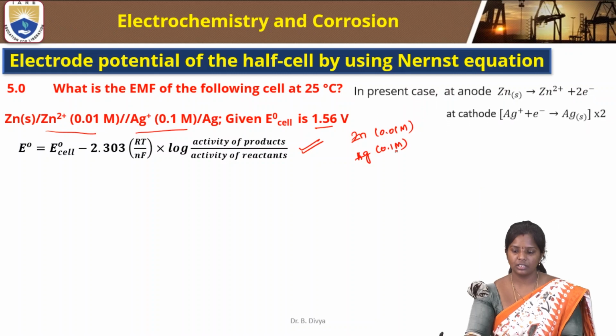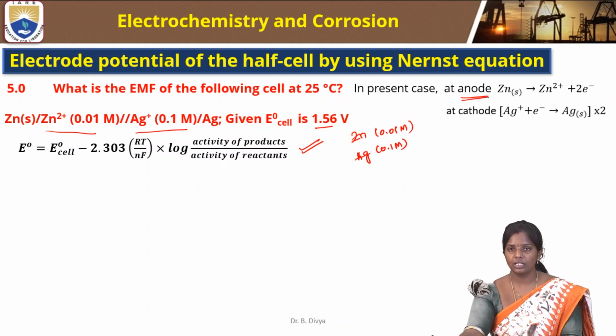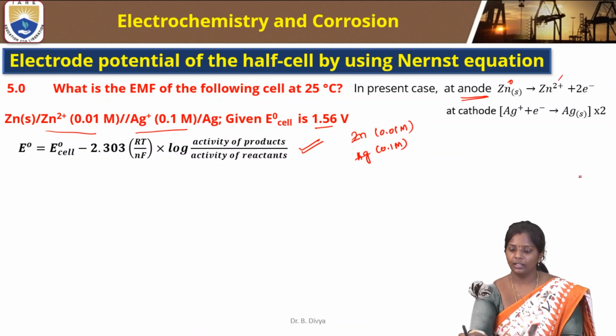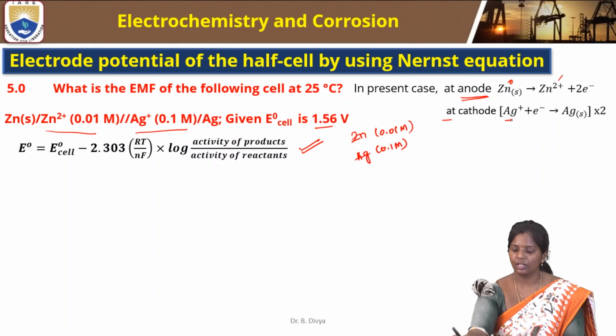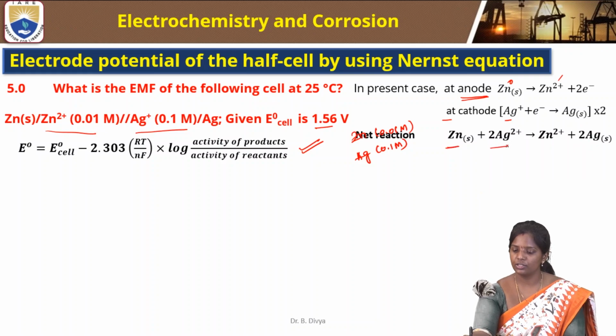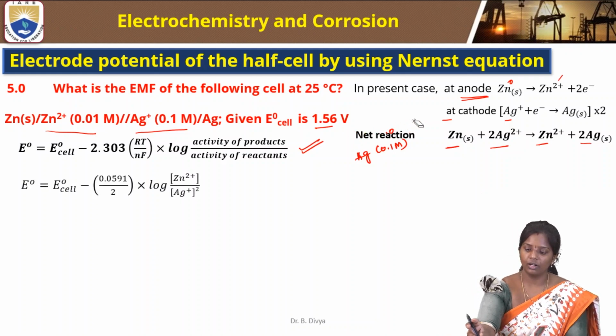So activity is taken. At the anode, oxidation is taking place at zinc, going from zero state to plus 2, and at the cathode Ag+ ions are converting to Ag. The net reaction will be Zn plus 2Ag+ giving Zn2+ and 2Ag. Upon calculation, we have to substitute these values of concentration.